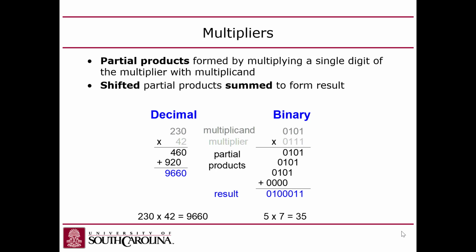So the multiplier being 5 is like multiplying by 4, right? And multiplying it by 1, and then adding those two as partial sums, right?